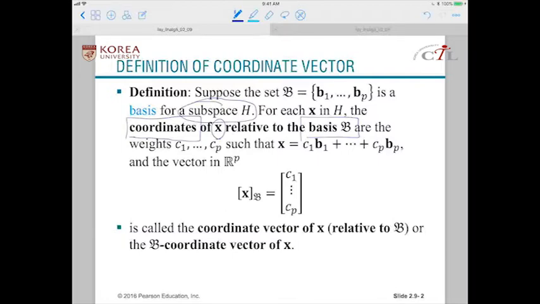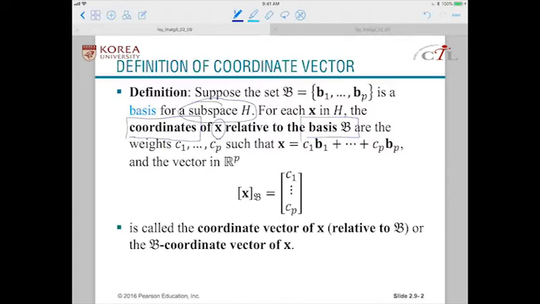And then as we discussed in the previous chapter, we should be able to find a unique linear combination representation of that point with respect to a given basis of that subspace, right? So suppose we are given this subspace like this plane, and you found a set of basis vectors.